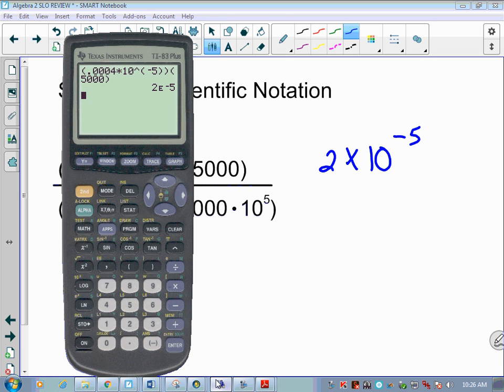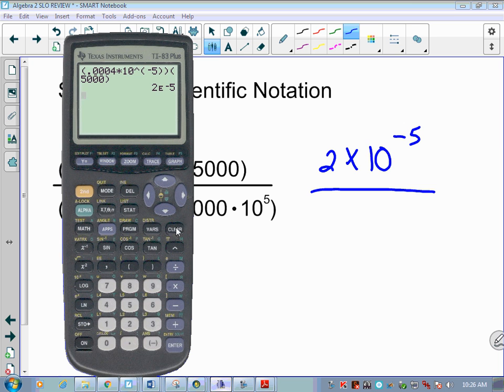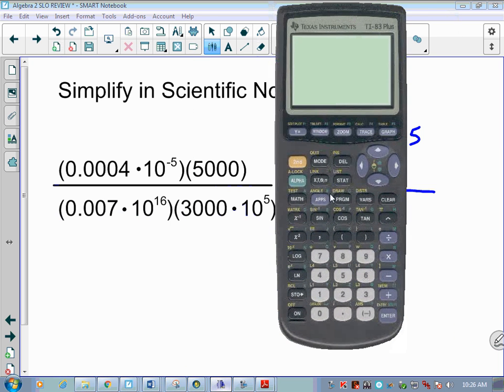Now the next thing I would do is the denominator. I'm going to clear this out. Parentheses, 0.007 times 10 to the, using double parentheses, 16, close both sets of parentheses, times 3,000 times 10 to the 5th, close that parentheses.